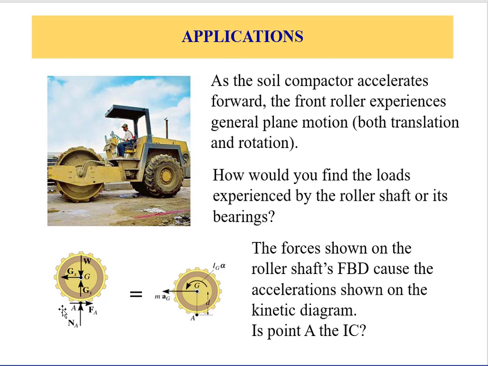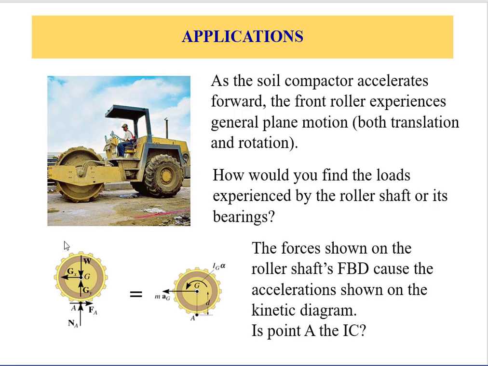Now looking back to the free body diagram of that compactor wheel or cylinder, we have a normal force at the contact, normal to the surface, as well as a frictional force.